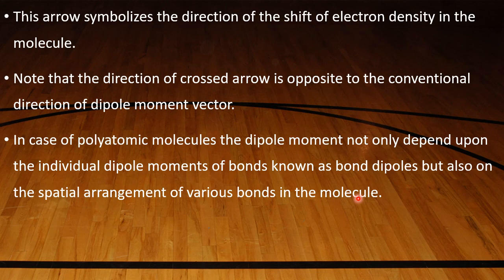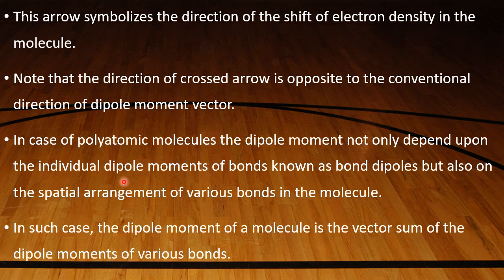In those, dipole moment depends not only upon the sharing of electrons or the electronegativity difference, but also upon the spatial arrangement of the electrons around the nucleus, that is the structure. It is also one of the factors for the dipole moment. In such a case, the dipole moment of a molecule is the vector sum of the dipole moments of the various bonds. How to calculate? It is calculated as the vector sum of all the dipole moments of the bonds.